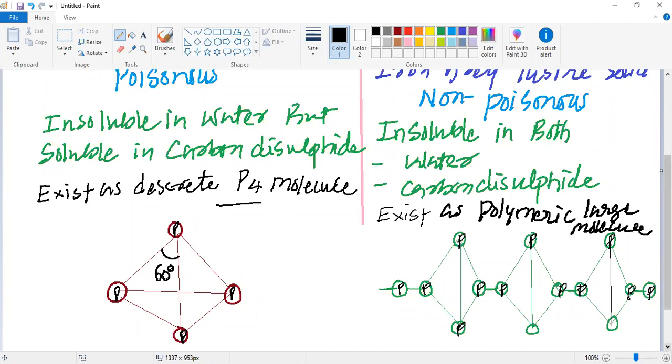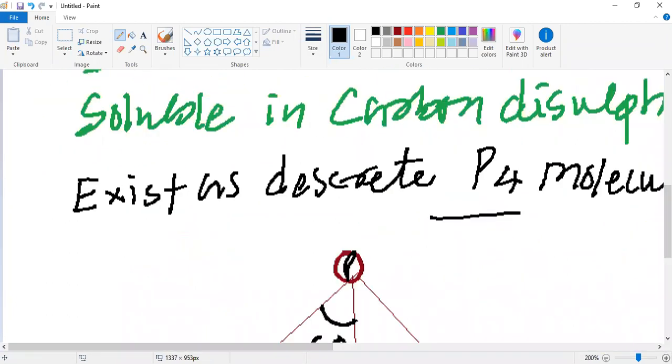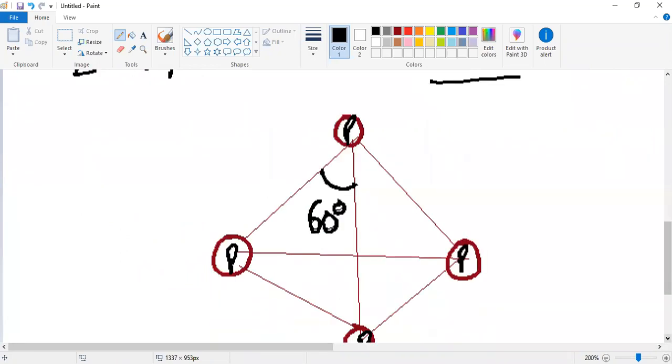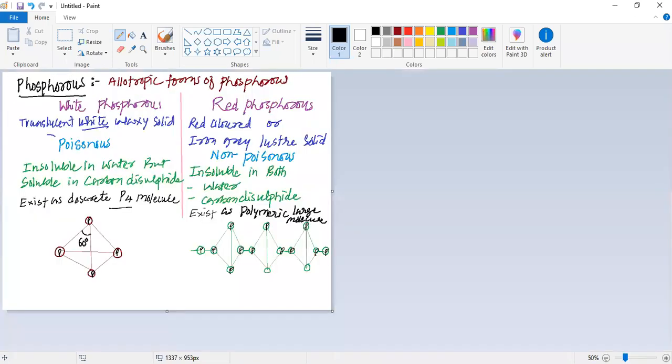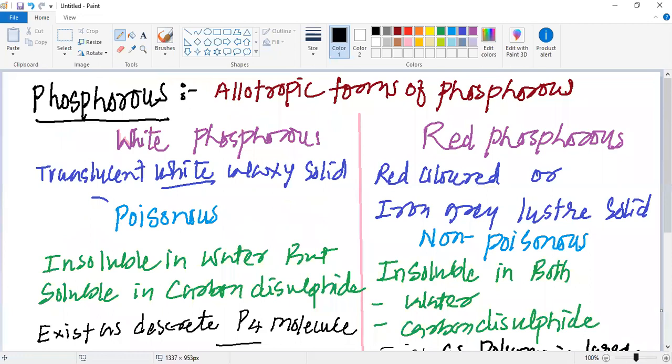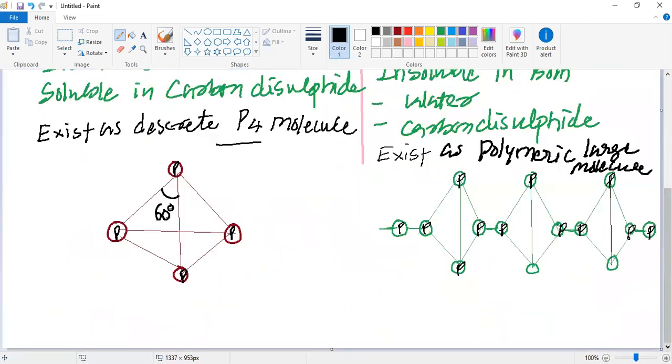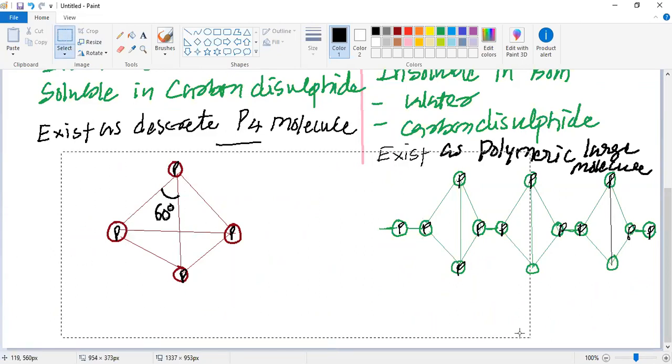Now, if you look into this, white phosphorus exists as discrete molecules, while red phosphorus exists in a polymeric form. What you understand here, my dear students, is something very important as well as interesting for us to study.